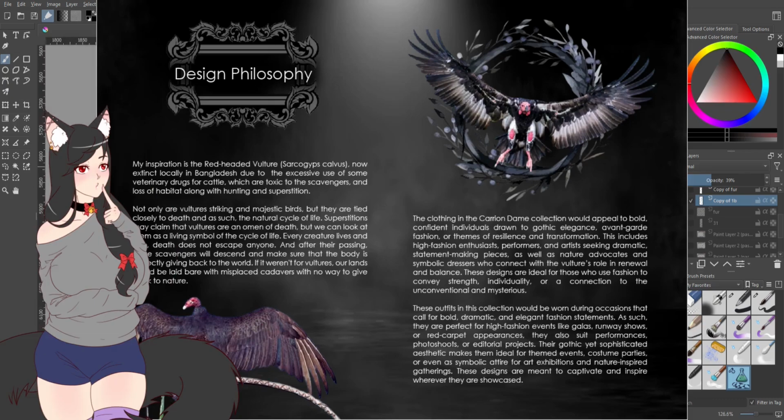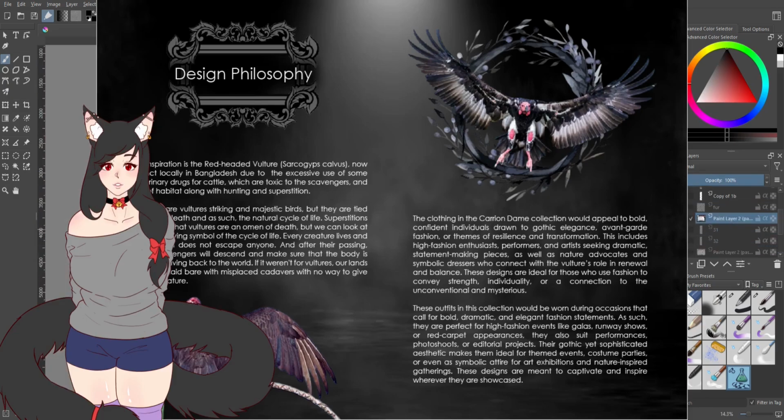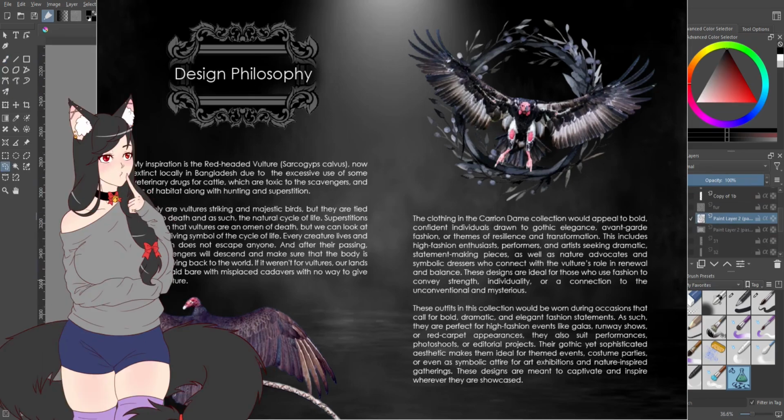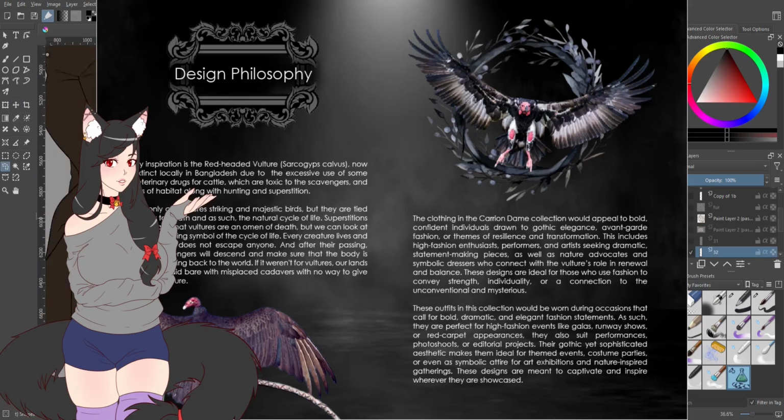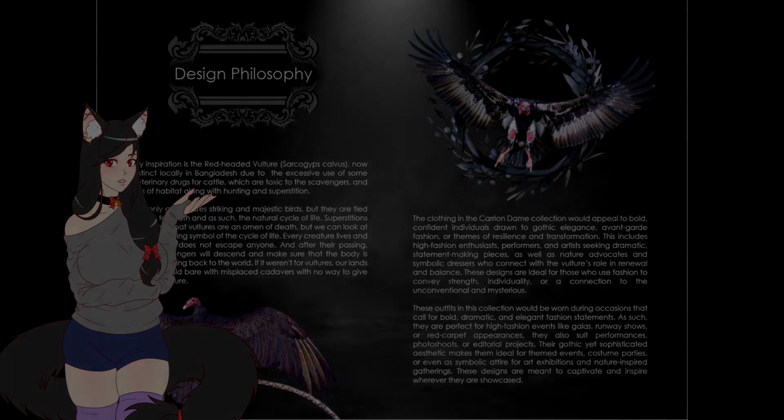Now, when would these outfits be worn specifically? Well, probably during occasions that call for bold, dramatic, and elegant fashion statements. Maybe high fashion events, galas, runways, red carpet appearances. This whole range is supposed to be sophisticated and symbolic. So, sophisticated and symbolic, that's where you gotta wear it.